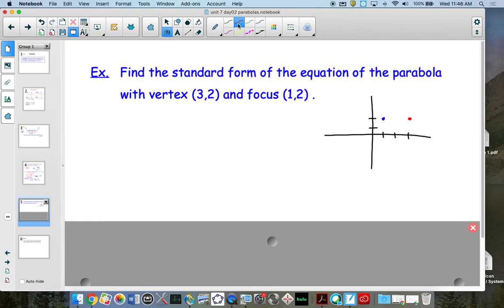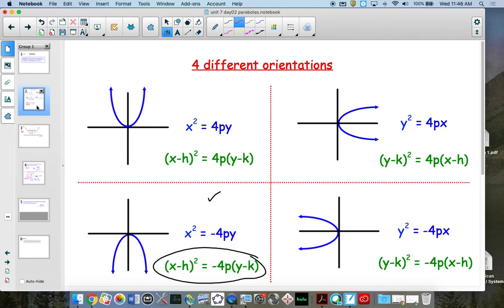Now go back and look at those four pictures for the parabola. In these pictures I didn't put the focus, but the focus is going to be right about there, and right about there.